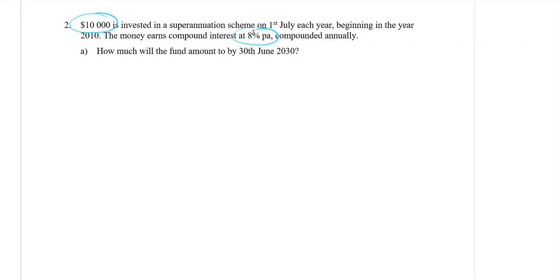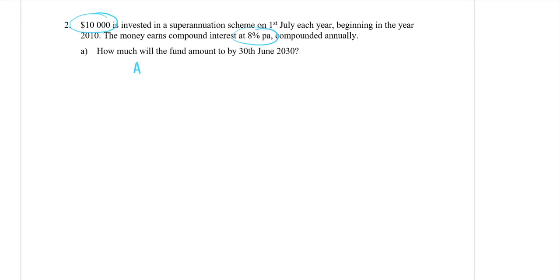So there is 20 years that we're going to be getting interest on. In the year 2030, they haven't actually put anything in the bank yet. So there's no term in 2030, if you like, but they're getting interest up to there. Does that make sense? Okay, so we're going to have 20 terms in our series.